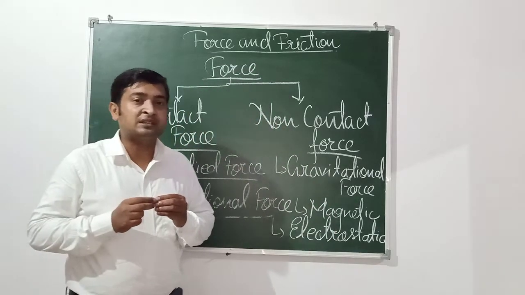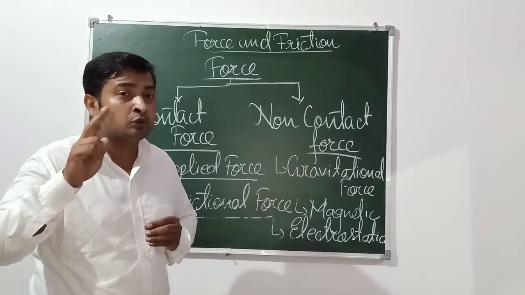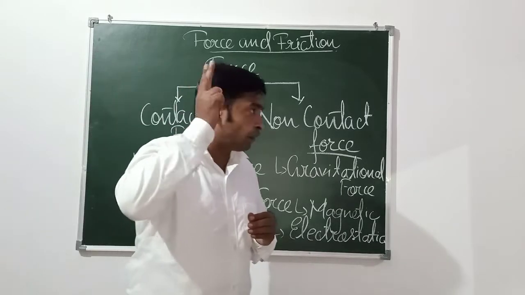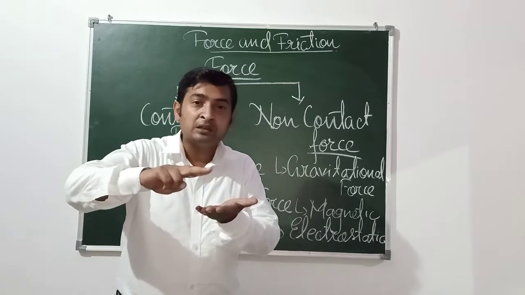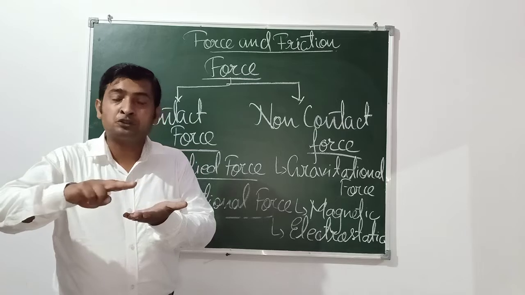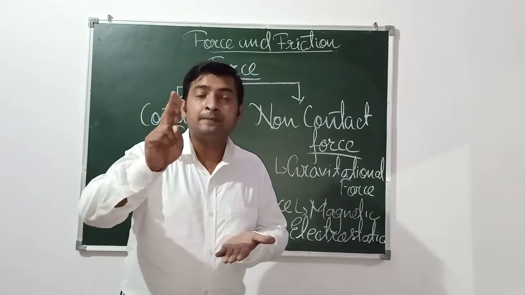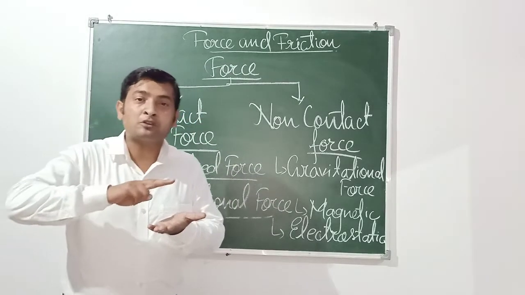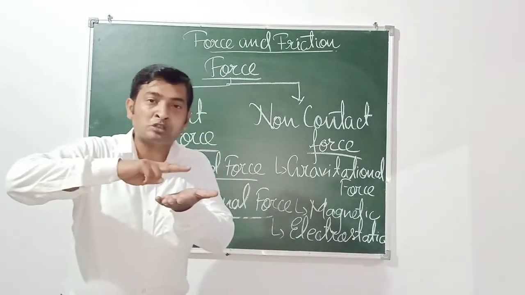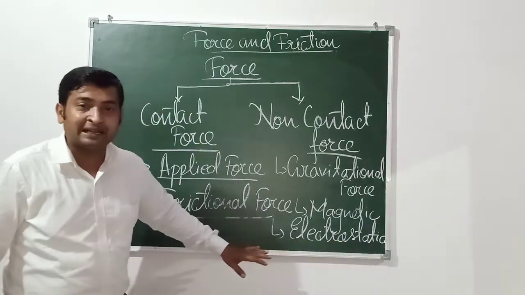You must have seen and observed when sometimes we are playing, we are using the plastic ruler, we rub it on our hair and then we try to attract the pieces of paper. Now this is what it shows. It shows that some of the electrostatic charge gets deposited onto the scale, okay, and that causes the attraction of those small pieces of paper. Okay, it is known as electrostatic force.